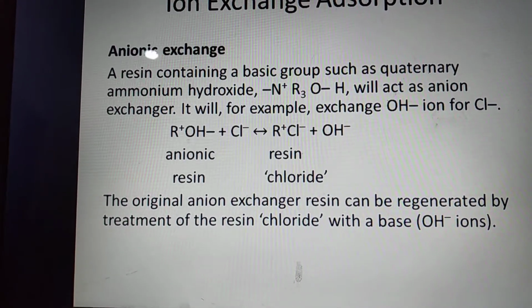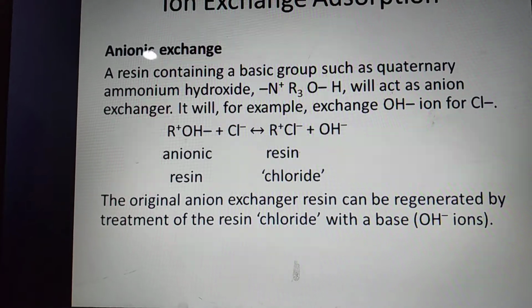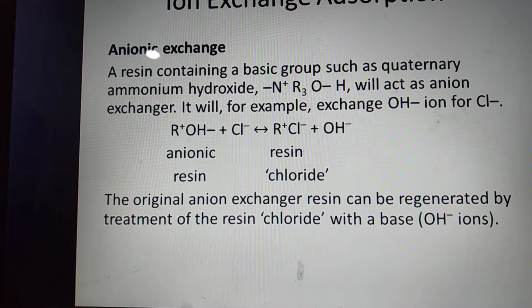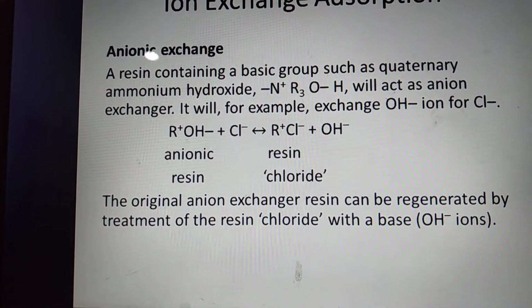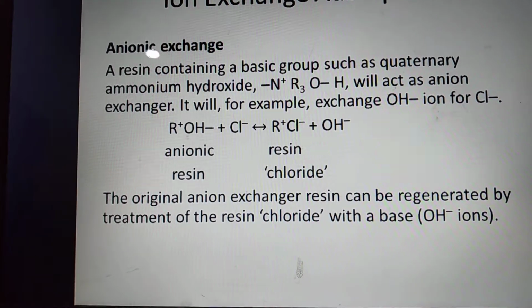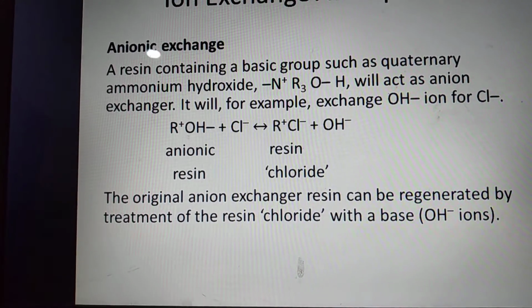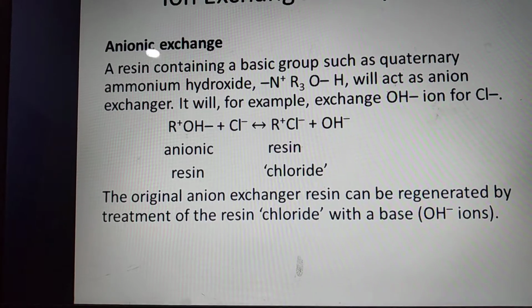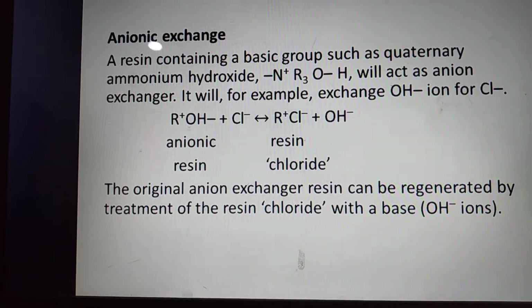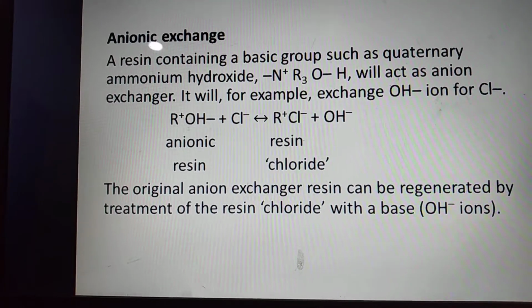It will exchange the hydroxyl ion for the chloride, and in this case the hydroxyl ion is replaced by the chloride ions. In the ion exchange, the resin hydroxyl plus chloride gives the resin chloride, and the hydroxyl ion is removed. The original anion exchanger can be regenerated by treatment of the resin chloride with a base.